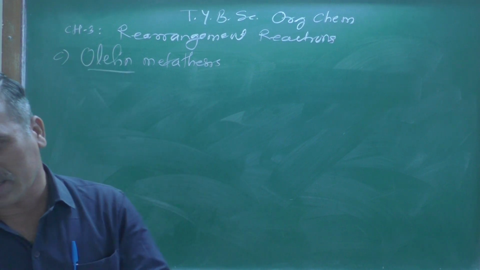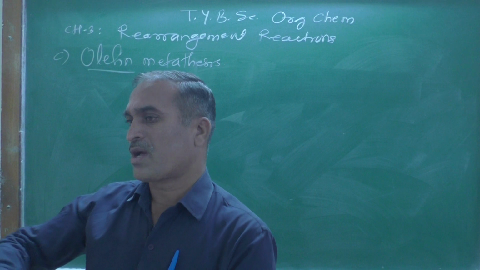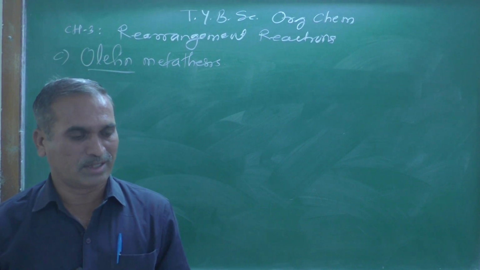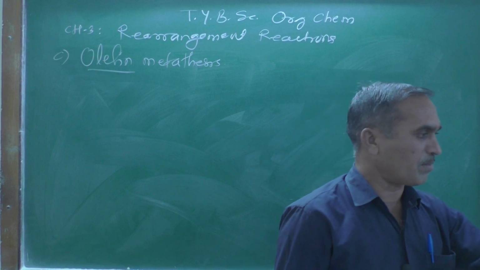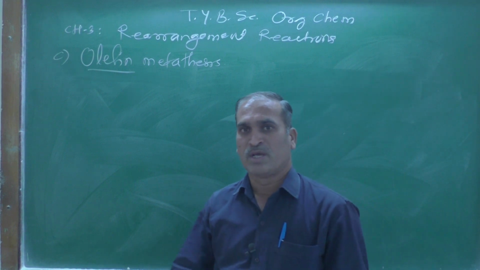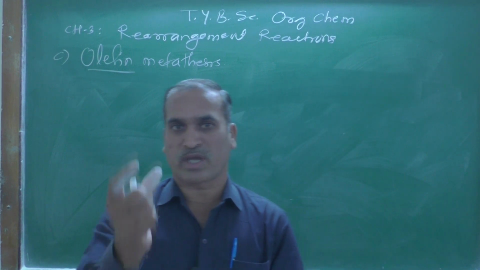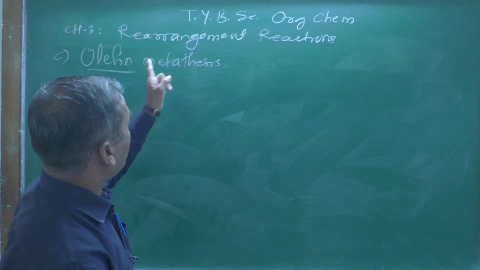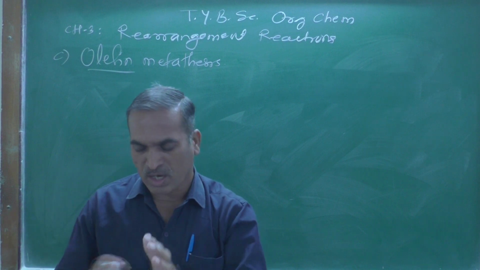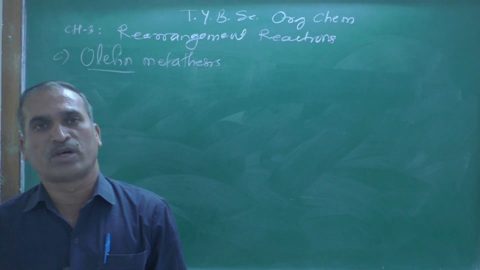Olefin, as we know, is another name for a carbon-carbon double bond, ethylene. So that is called an olefin, meaning there must be carbon-carbon double bonds present. That type of organic compound is known as an olefin. So metathesis, how does the reaction occur over there?